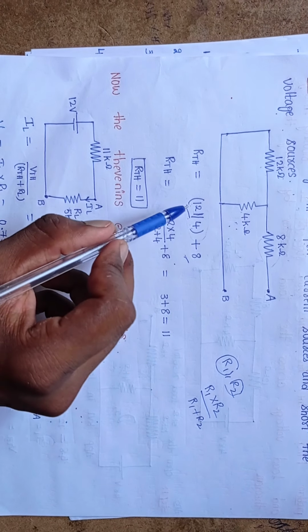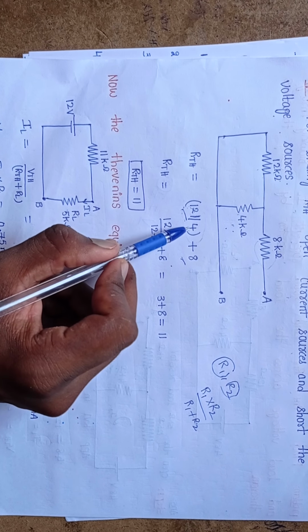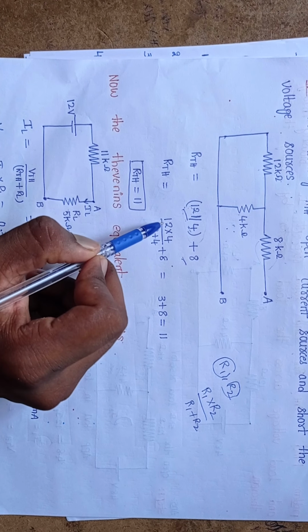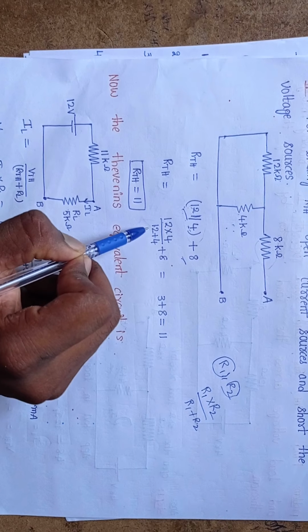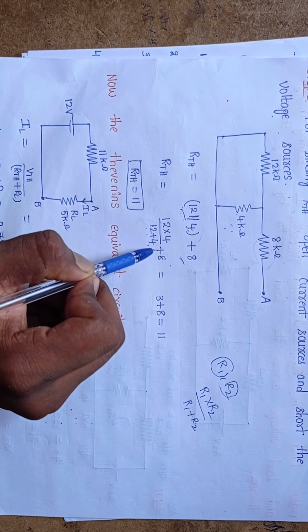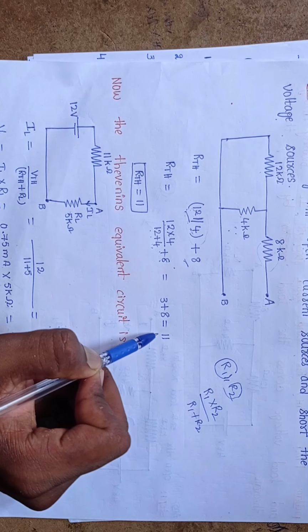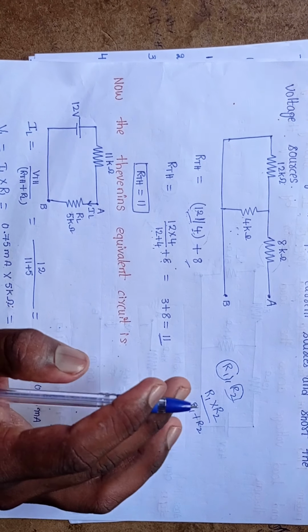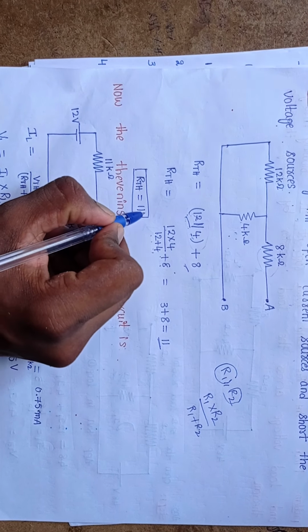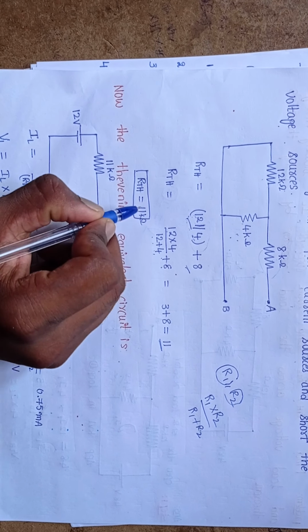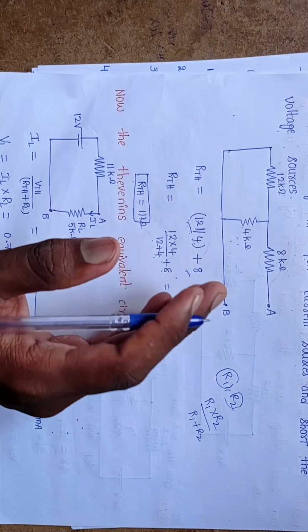Here R1 is 12 kilo ohms and R2 is 4 kilo ohms. 12 kilo ohms into 4 kilo ohms by 12 kilo ohms plus 4 kilo ohms gives 3 kilo ohms, and the final RTH value is 11 kilo ohms. RTH is 11 kilo ohms.